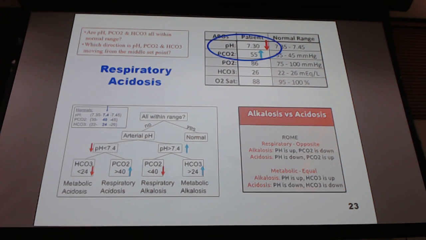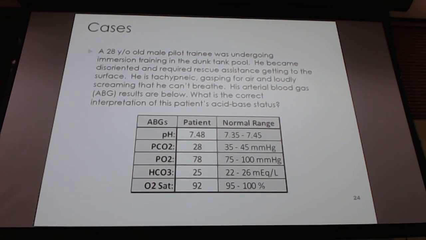All right, 20-year-old male, pilot trainee. We're doing some training. He's breathing really, really fast. He's gasping for air. So he's just blowing off that CO2. I don't know why they got an ABG on them, but they did. All right, so we start with the pH.